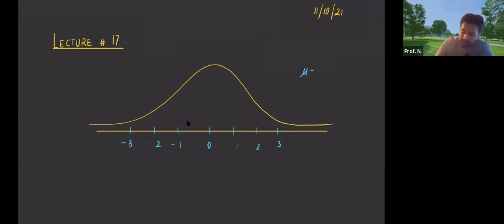So the mean is 0, the standard deviation is 1, and this constitutes a standard normal random variable.